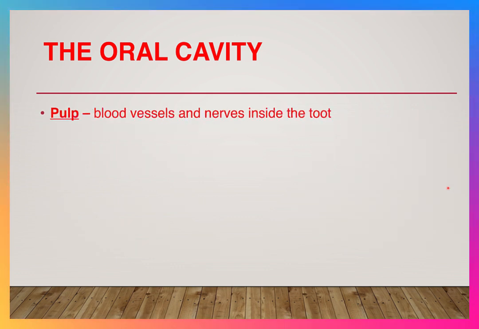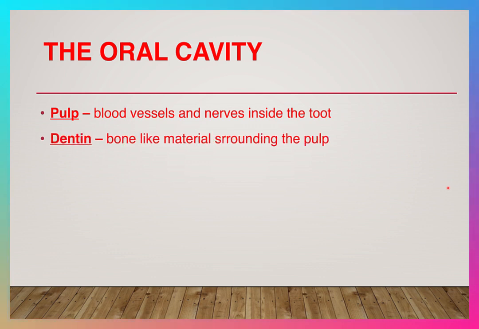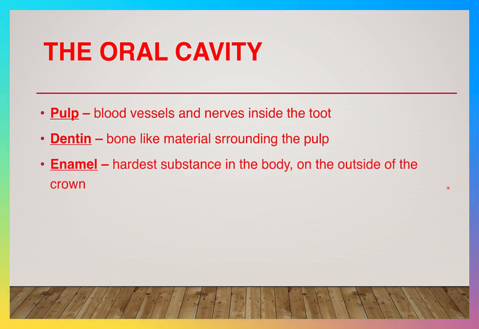Inside the tooth is the pulp, and this is where blood vessels and nerves occur, and they're in the tooth. From the pulp going out is dentin. Dentin is a bone-like material that surrounds the pulp and protects it, and then the hardest substance in the body, which is the enamel, is on the outside and particularly thick on the crown.